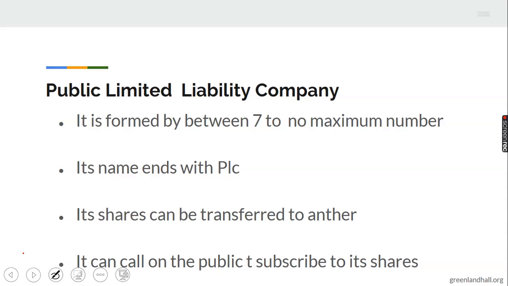Number 3, its shares can be transferred to another. That is, the owners of the shares can actually resell their shares to some other people who want to be part of the owners of that particular company and then leave. Number 4, it can call on the public to subscribe to its shares.